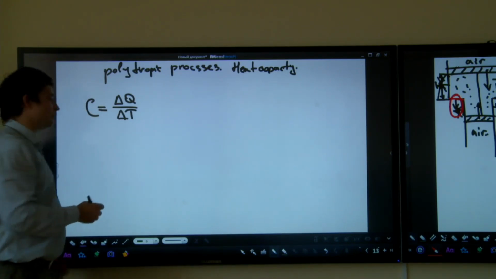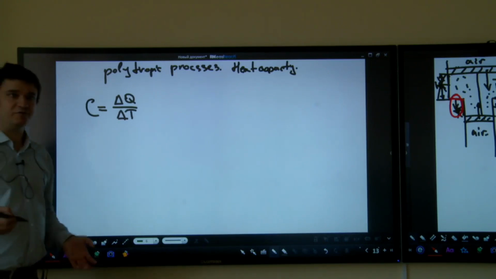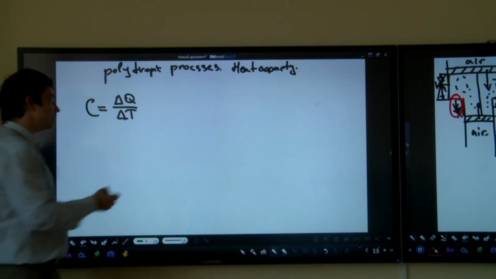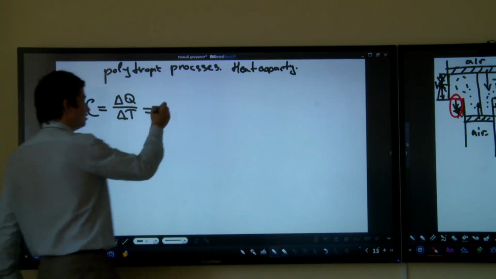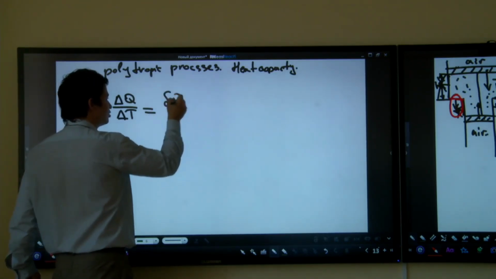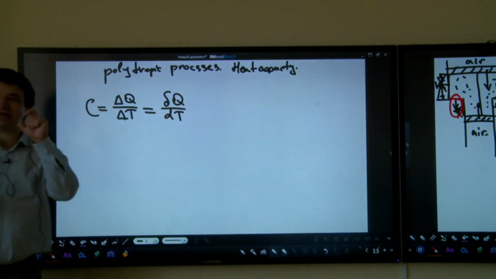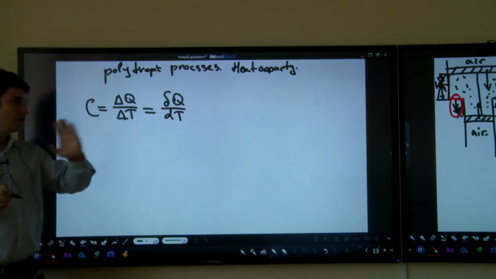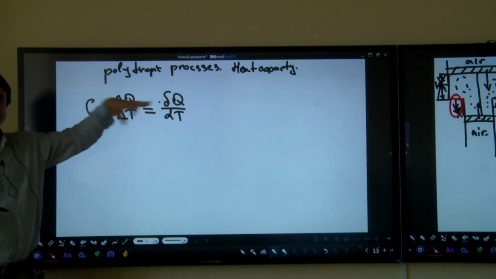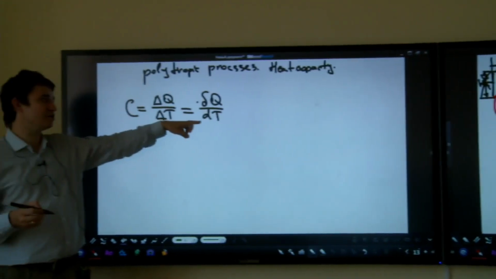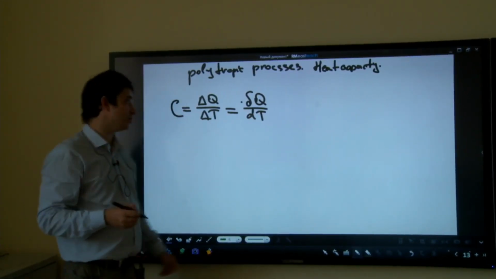And well, for many processes, the heat capacity by itself is a temperature-dependent quantity. That's why oftentimes this quantity is understood in the differential form. So I consider a very small element of the process, and I determine a very small amount of heat which is transferred to the system in this process and divide by a very small increment of temperature.